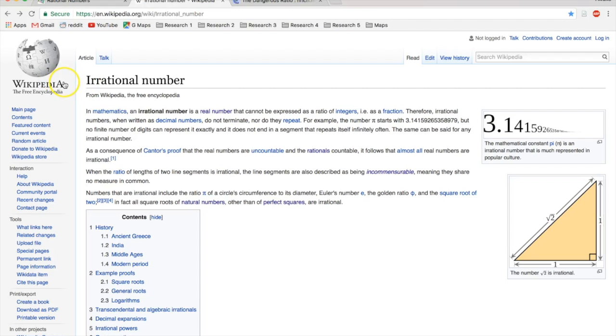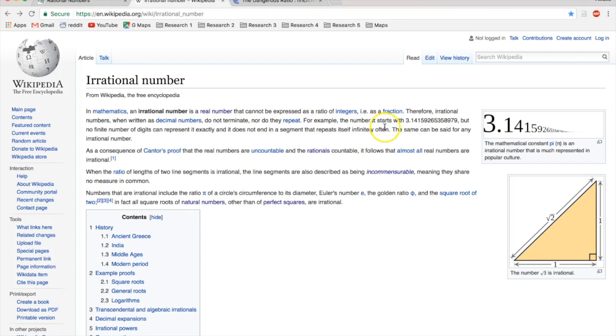So we're back here at Wikipedia under irrational number, and we're going to see what they have to say about irrational numbers. It says, in mathematics, an irrational number is a real number. We're going to come back to this. They cannot be expressed as a ratio of integers, i.e. as a fraction. Therefore, irrational numbers, when written as decimal numbers, do not terminate nor do they repeat.